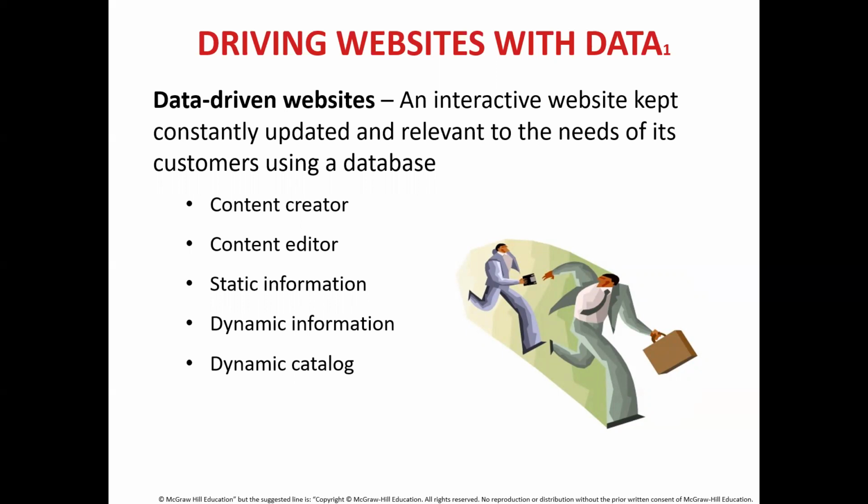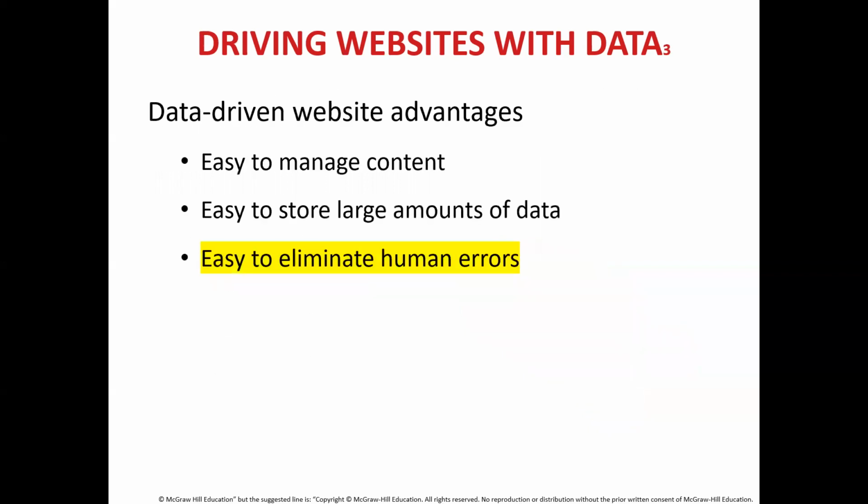How is information updated on data-driven websites? They are updated through the use of content creators, content editors, static information, dynamic information, and dynamic catalogs. The advantages of data-driven websites include easy to manage content, easy to store large amounts of data, and easy to eliminate human errors.